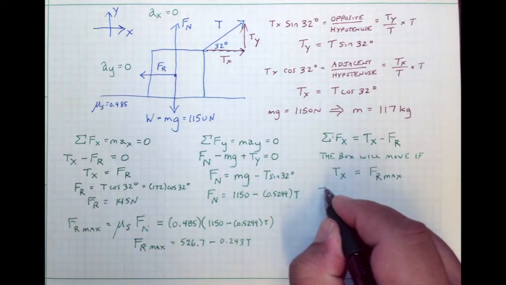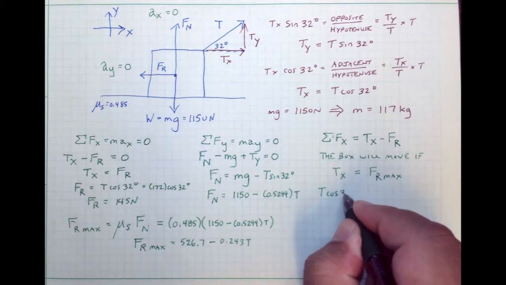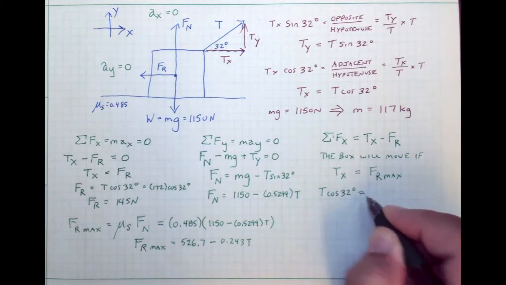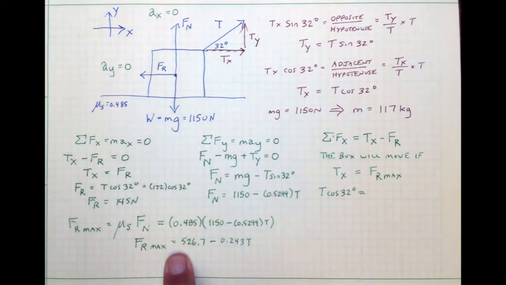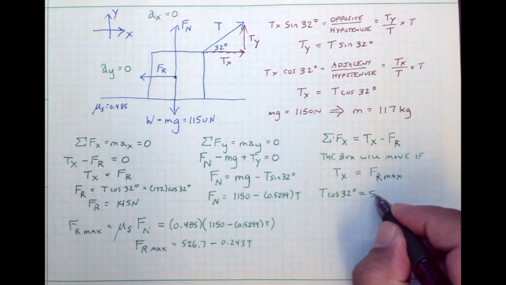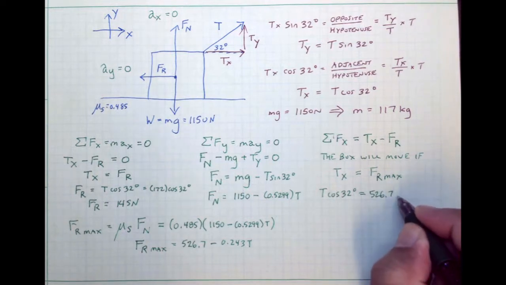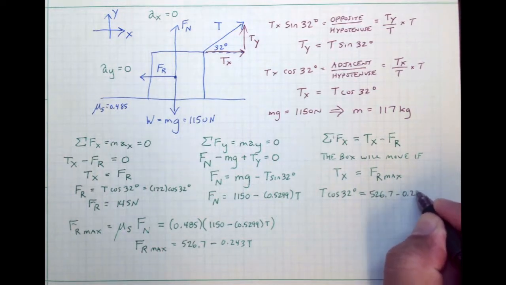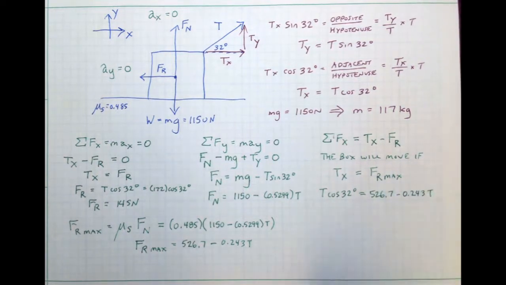So Tx is T cosine 32, and we have seen here that the maximum static friction force is 526.7 minus 0.243 times T. We have to be very careful here, make sure that we don't make any algebra errors.